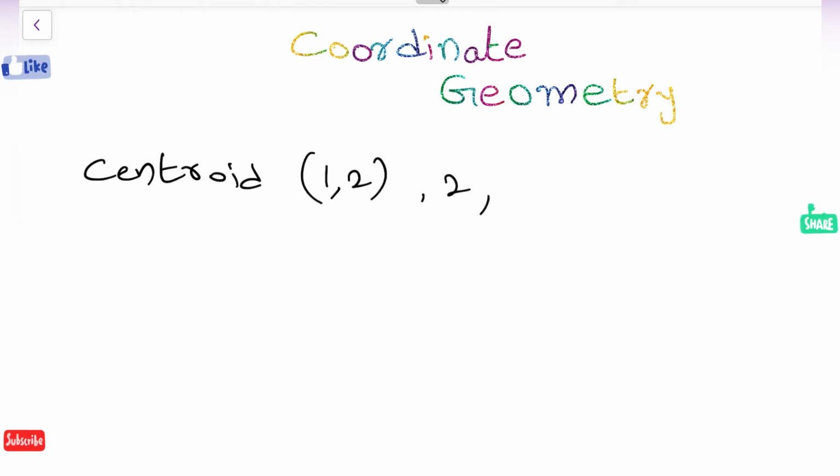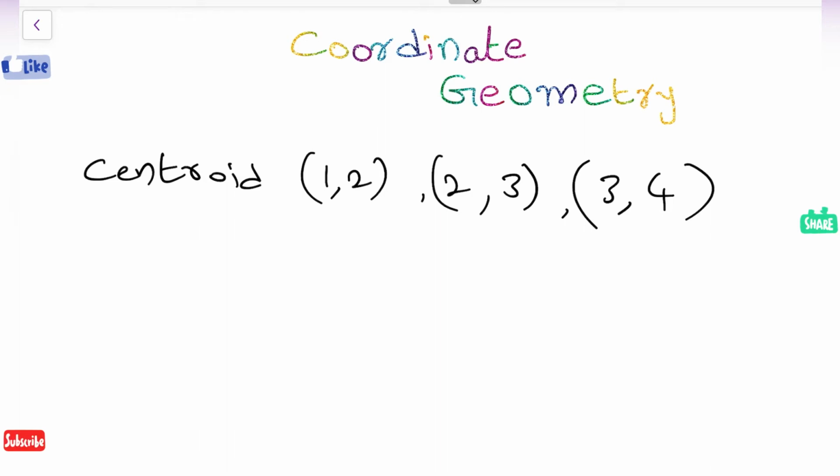Okay, now the next type of question is: find the centroid of a triangle whose vertices are given as 1, 2, 2, 3 and 3 comma 4. This is the question.